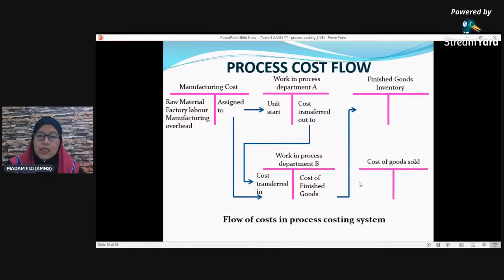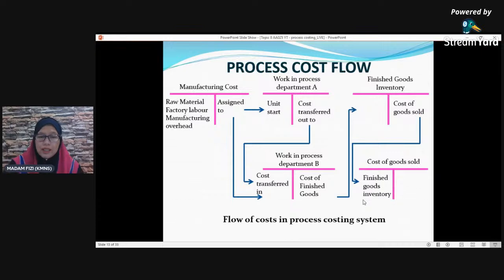Bila kita nak jual, kita transfer ke cost of goods sold. Finished goods kita nak jual, kita transfer to cost of goods sold. So debit cost of goods sold, credit finished goods inventory.